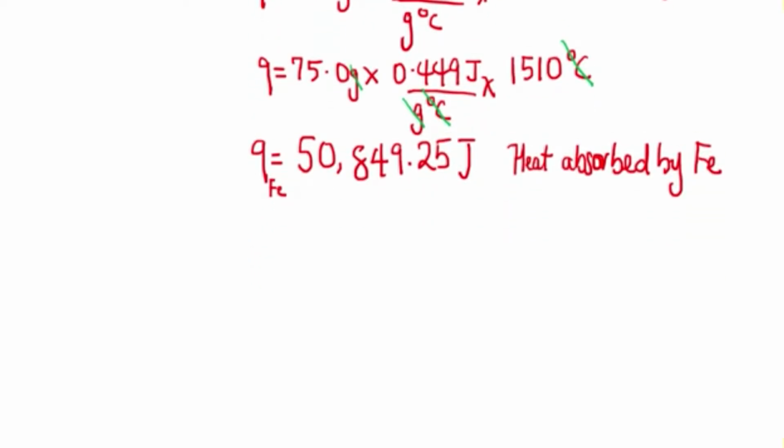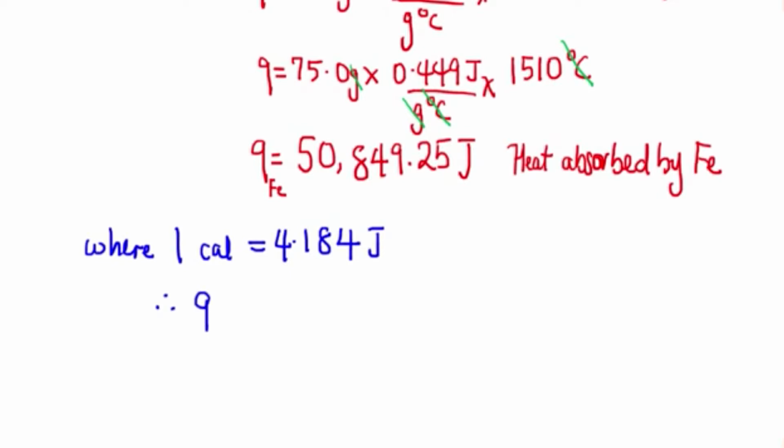The question follows up with, how do you transform this number that is in joules to calories, or specifically the shorter form, cal? We know from standard unit conversion that 1 calorie is equal to 4.184 joules.